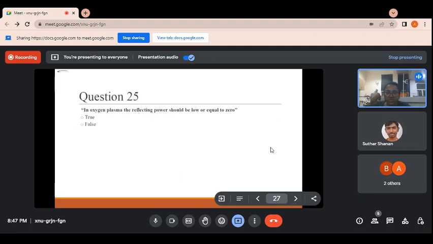The next question is, in oxygen plasma the reflecting power should be low or equal to 0. True or false? True. Why? The reflecting power should be kept minimum.